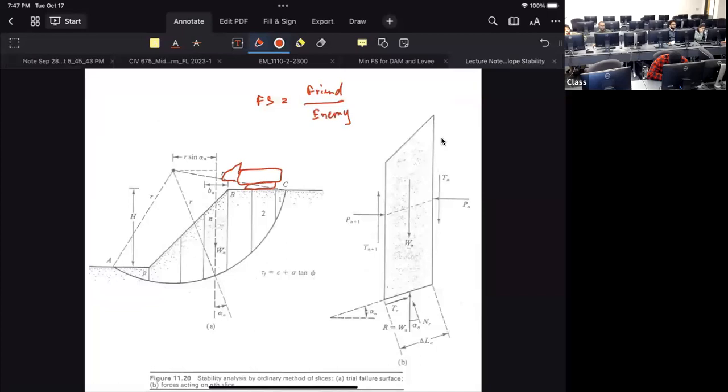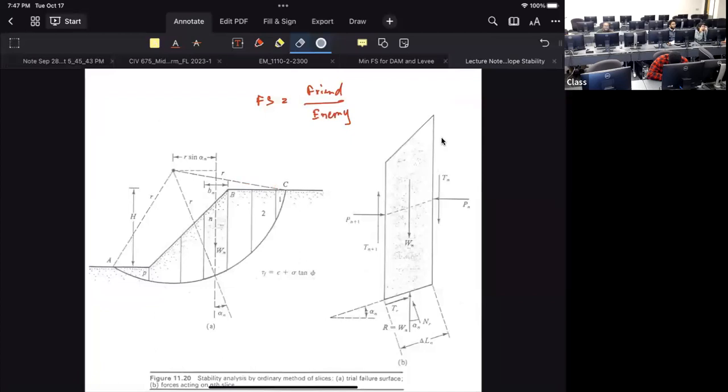It's risky. Slip surface. Additional weight. When it is excavating, the weight of the soil is decreasing, so there is more pressure in that case.